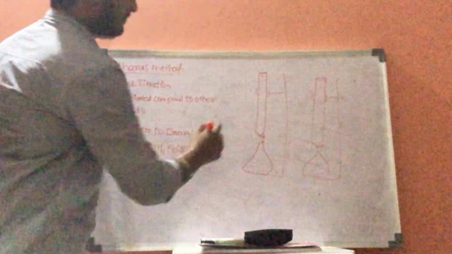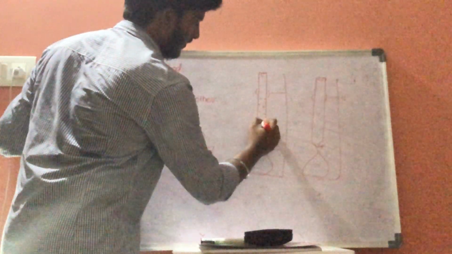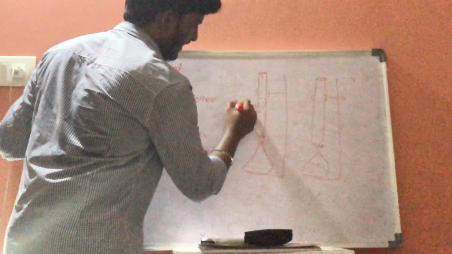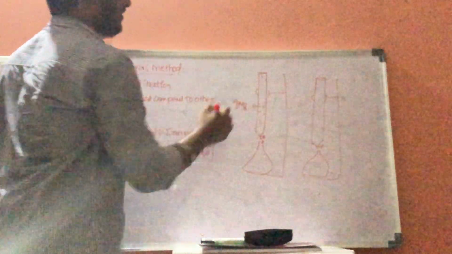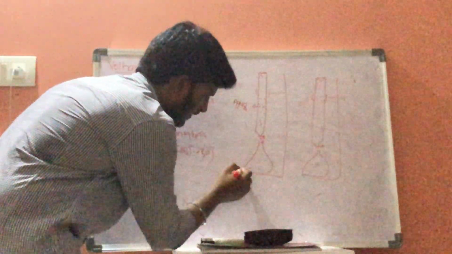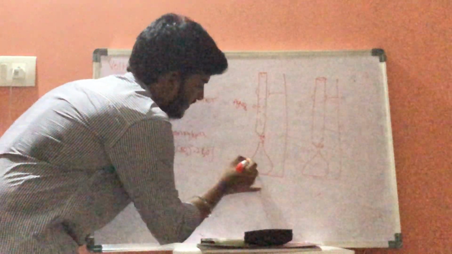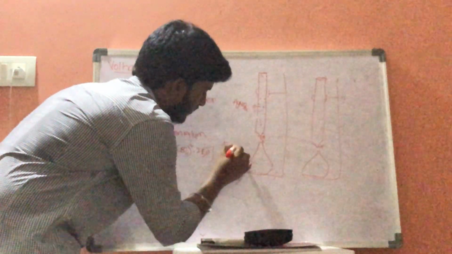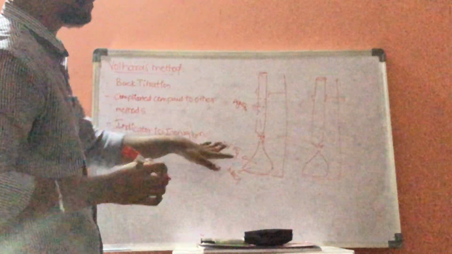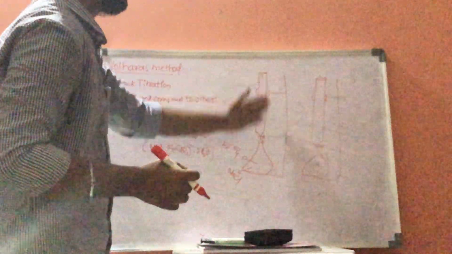In the first diagram, we should take silver nitrate in this burette and sodium chloride in the conical flask along with K2CrO4 as an indicator. This is the first step.